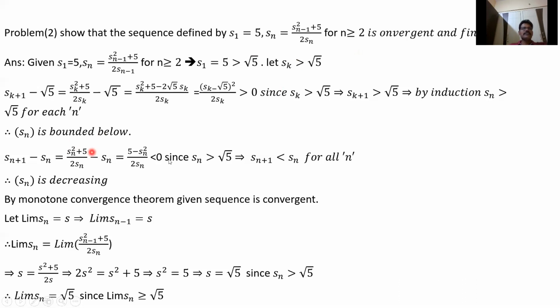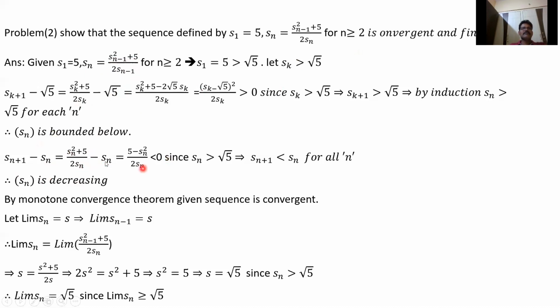To show Sn is decreasing, we have to show Sn plus 1 minus Sn is less than 0. What is Sn plus 1? Writing n equal to n plus 1, we get (Sn square plus 5) by 2 Sn, minus Sn.